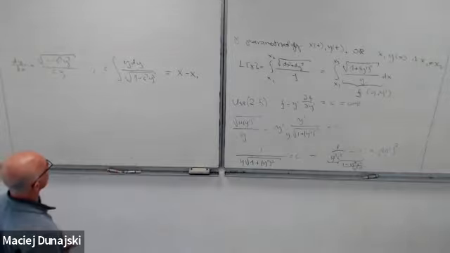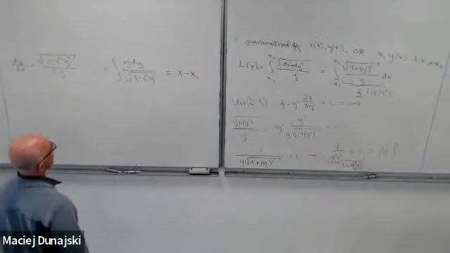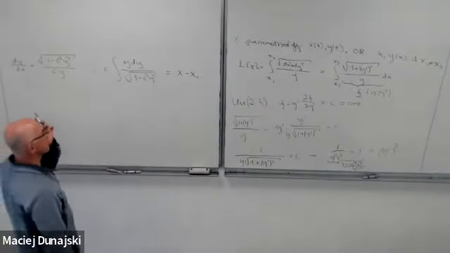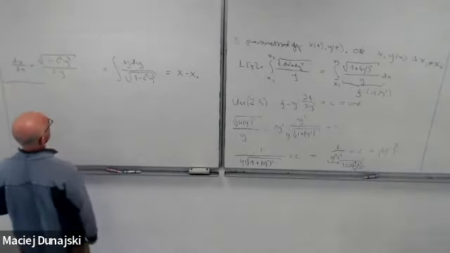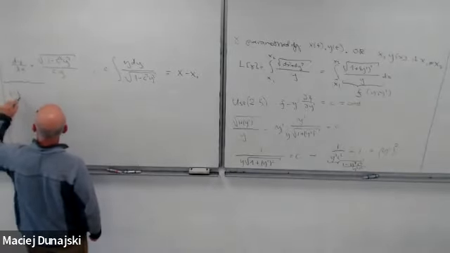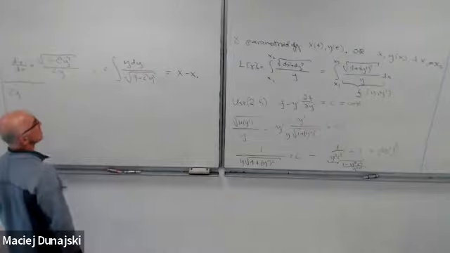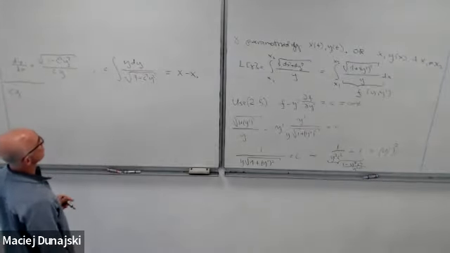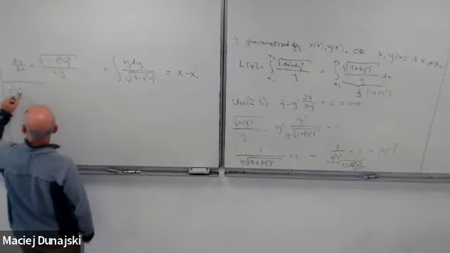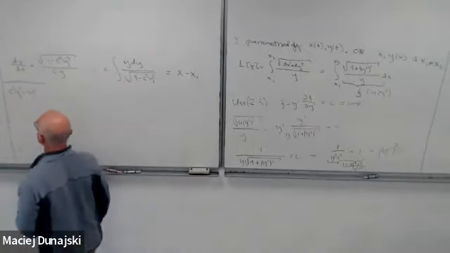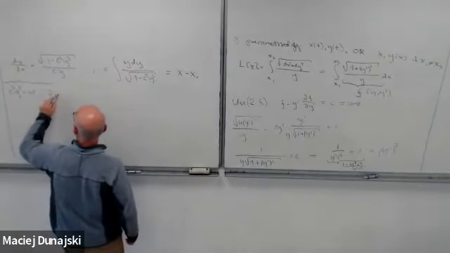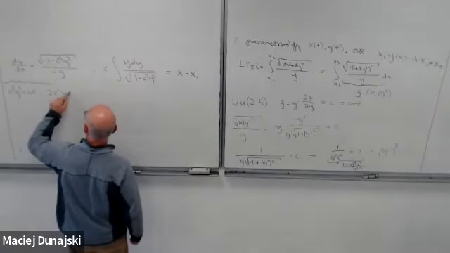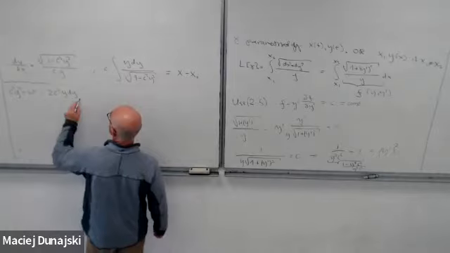Now we need to integrate by substitution. So let's say that w equals c squared y squared. Then 2c squared y dy is clearly dw.